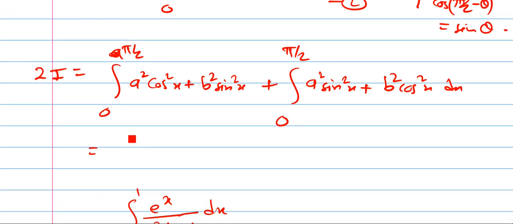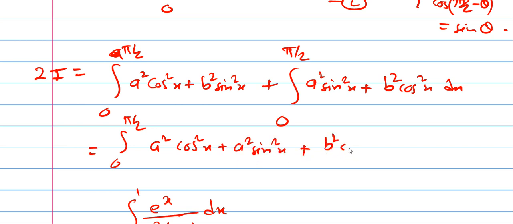So this becomes integration 0 to pi by 2 a square cos square x plus a square sin square x plus b square cos square x plus b square sin square x dx. Now I can take a square common.